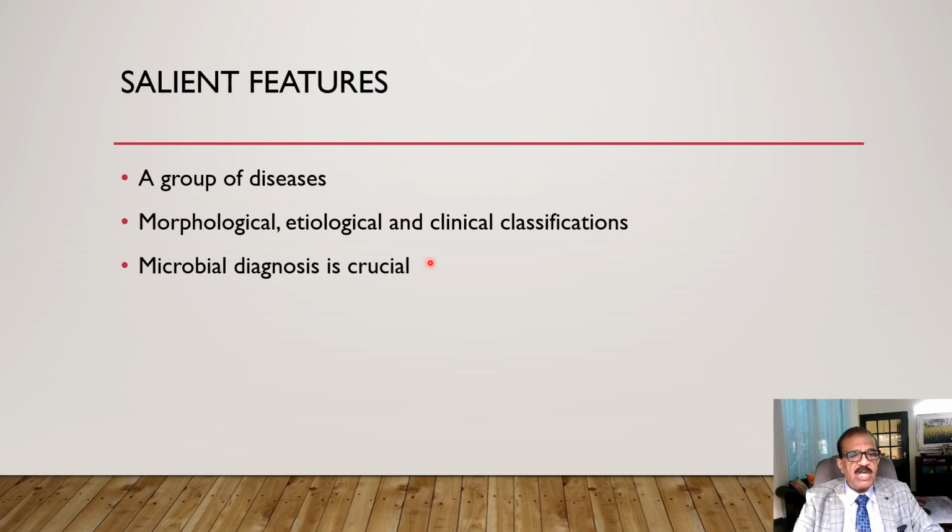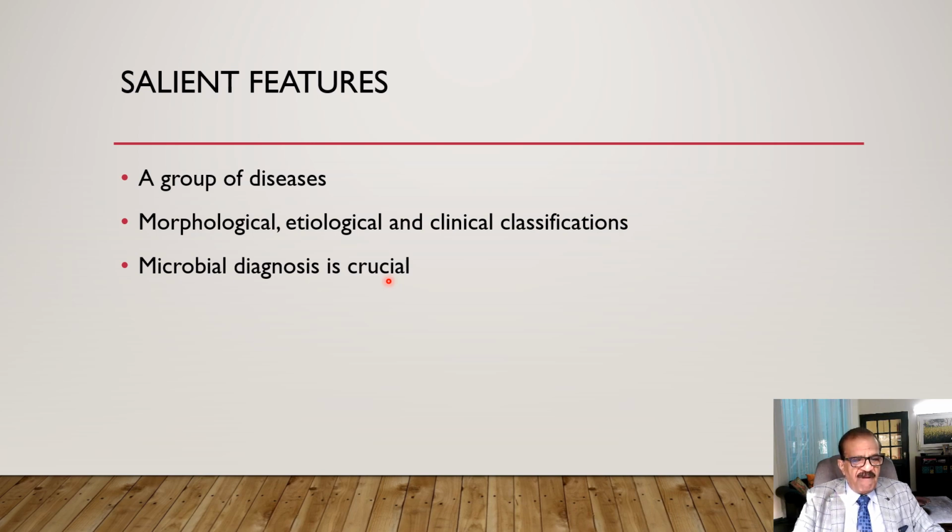Then microbial diagnosis is very crucial. Since it is a potentially serious infection, in many infections we treat patients empirically, but this is a situation where microbiological diagnosis is very crucial. It is extremely important if we can find out which particular organism is causing pneumonia in a particular individual, because the choice of antibiotic is different.